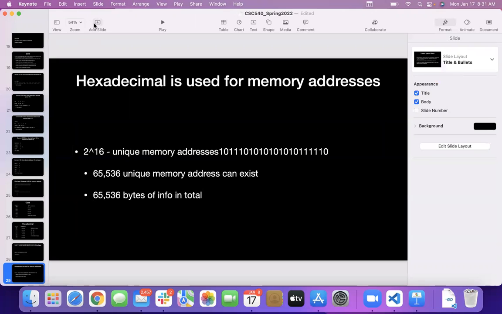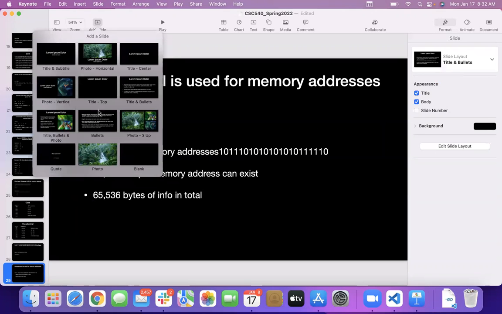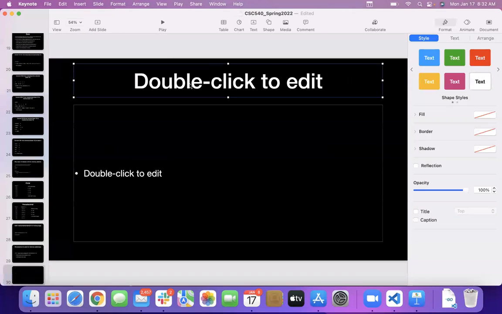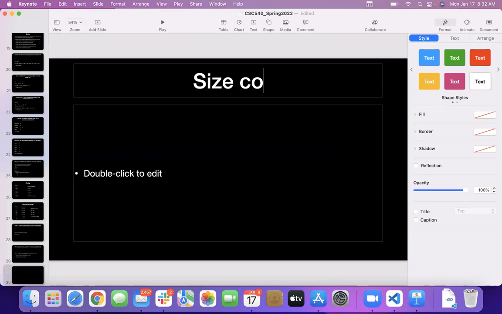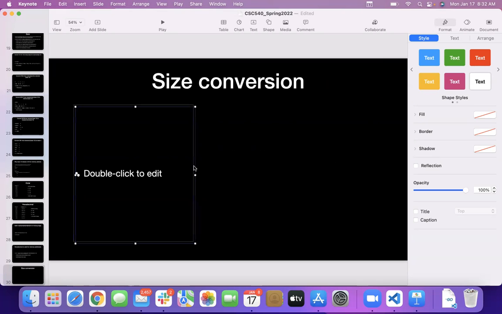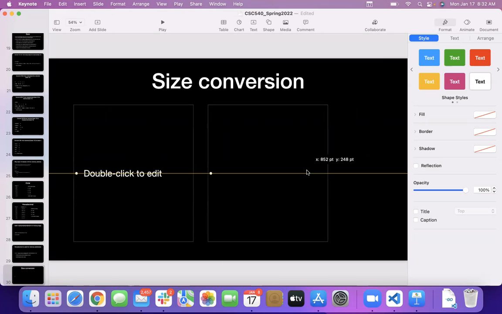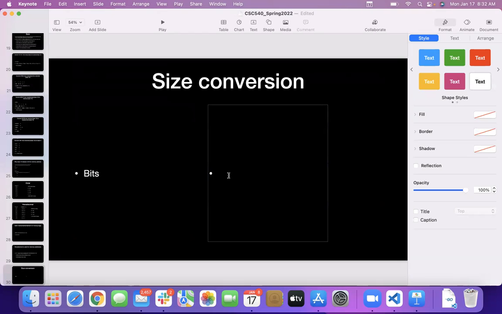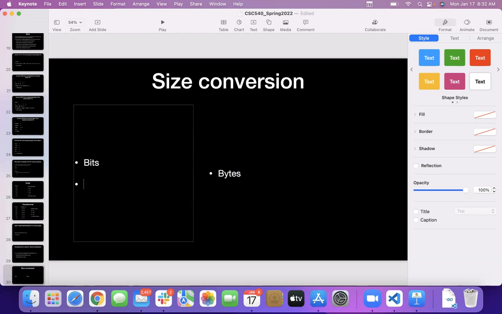So if I flip over to this, size conversion. We have bits and we have the bytes side of things.